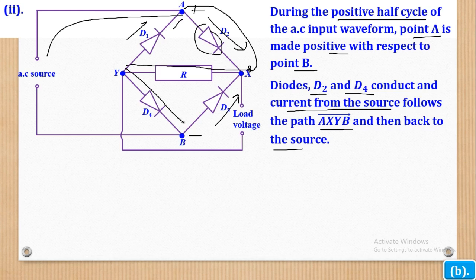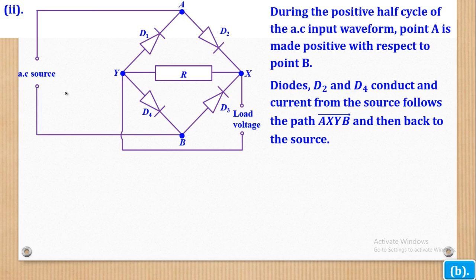So one would ask, why doesn't it go this direction? It can't go because this is where it comes from, and to complete the circuit it has to end here. Therefore the only option is to go this side and then this side and then back to the source. So the current takes the direction of this.